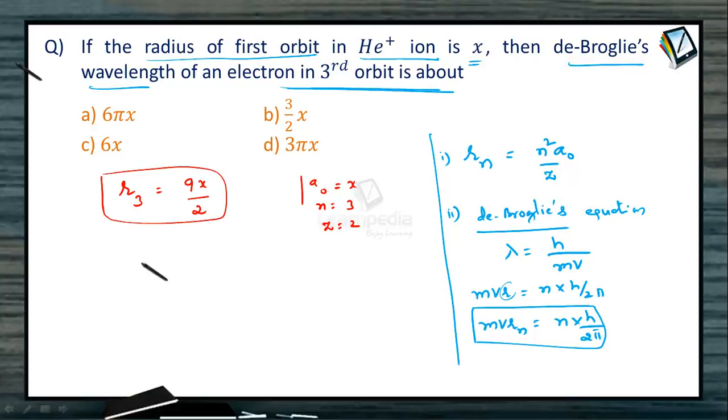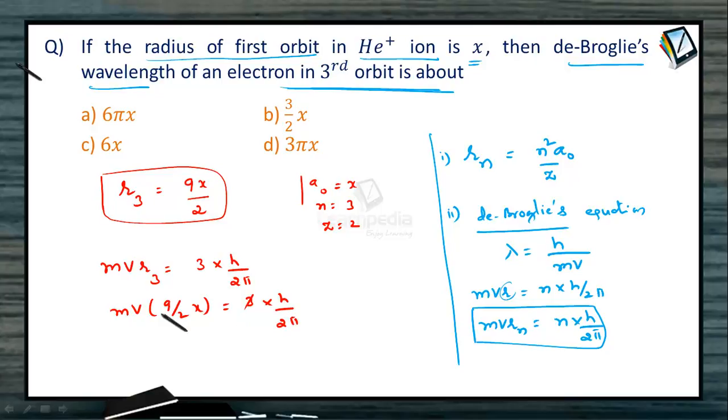And we also have mvrn. In other words, mvr3 is equal to n into h by 2 pi, where n is third orbit, into h by 2 pi. Right, R3 from this we have mv into 9 by 2 into x is equal to 3 into h by 2 pi, is it?